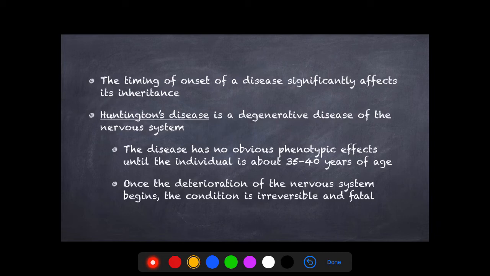And I know people personally who are in their 20s who are already in nursing homes because they have this disease and they are losing control of their body. This disease does not have any phenotype effects, so physical effects that you can actually see in the individual, until about 35 to 40 years of age.